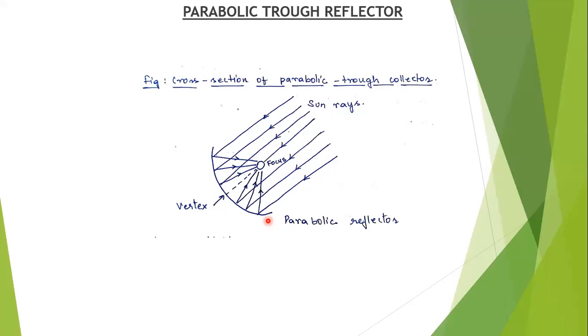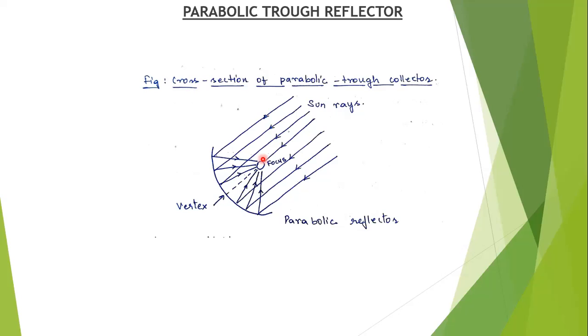So both schemes are used in different practical designs. We have to turn the parabolic reflector and we have to turn the backside absorber pipeline. Either the trough or the cylindrical reflector or pipe is turned by partial rotation around a single axis parallel to the trough length. So these are rotated parallel to the trough length.